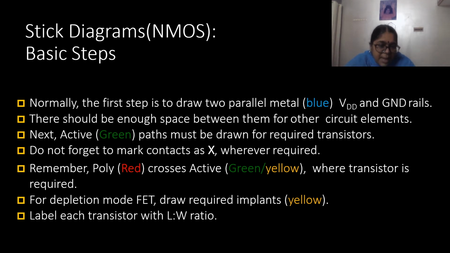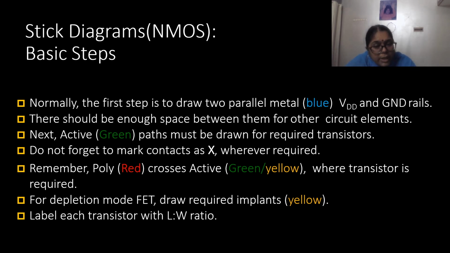Cross has to be marked wherever contacts need to be made. Polysilicon or the red layer crosses the active, that is the green layer in case of N diffusion, and the yellow layer in case of P diffusion, where the transistor is required. For an NMOS transistor, P diffusion or yellow color will not be used.